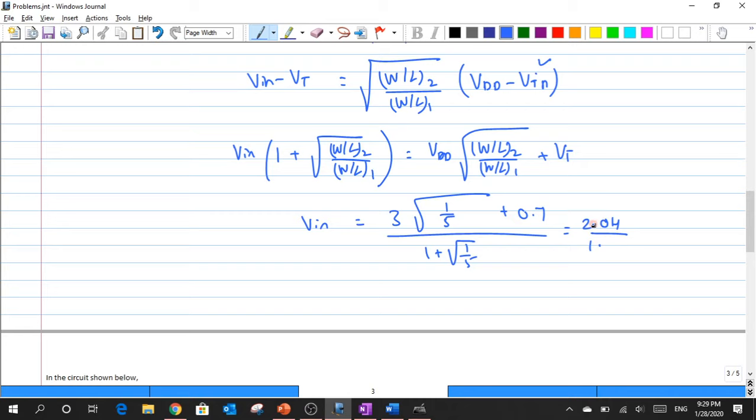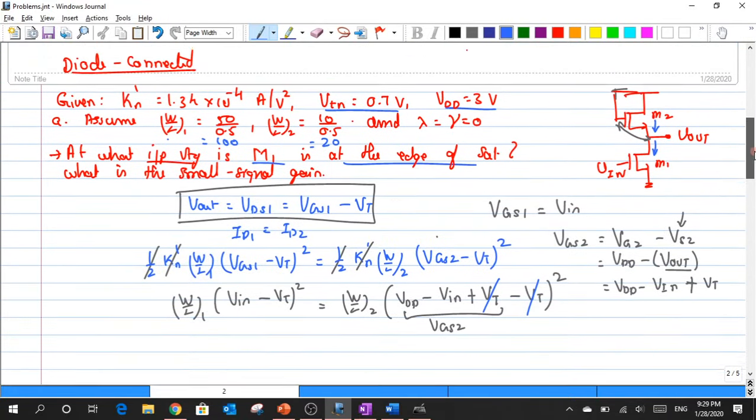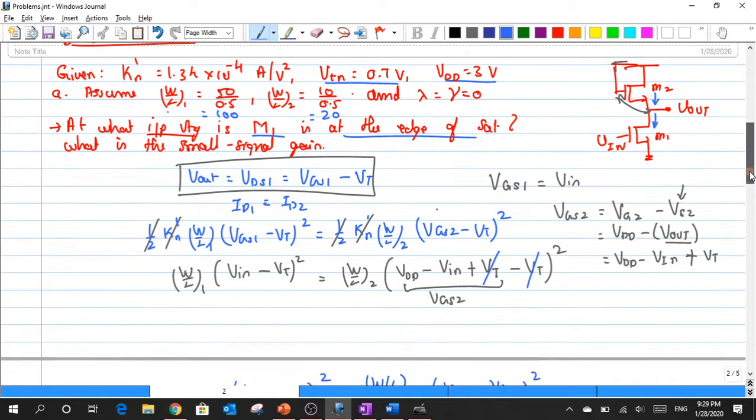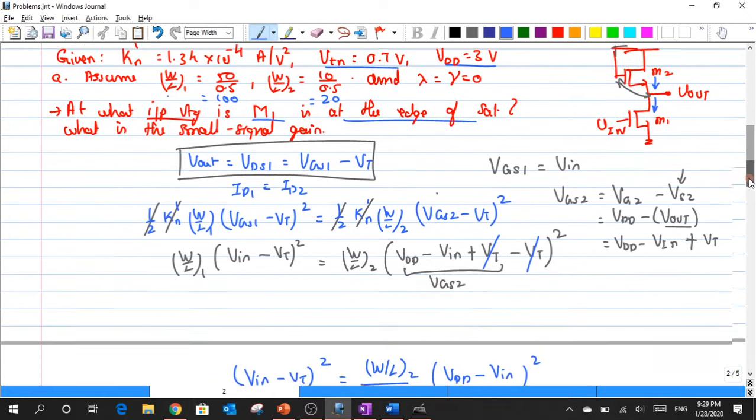In the numerator we'll have 2.04, and the denominator will have 1.447, and the total value would then be equal to something like this. So this is the input voltage that I need to have if my M1 transistor is being biased at the edge of saturation. That is the whole concept that has been given.